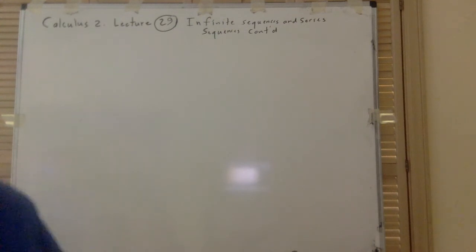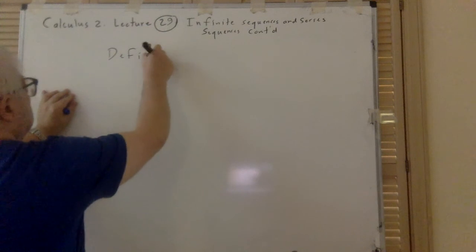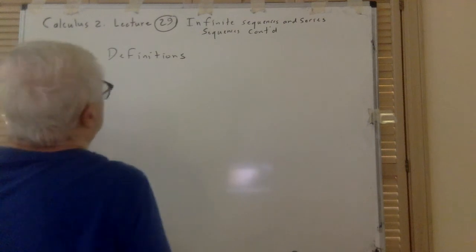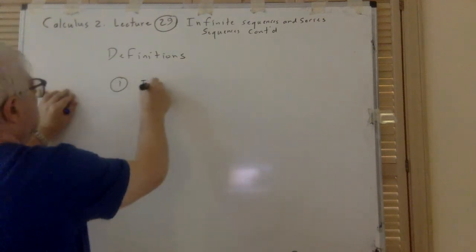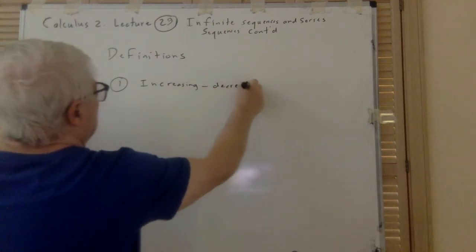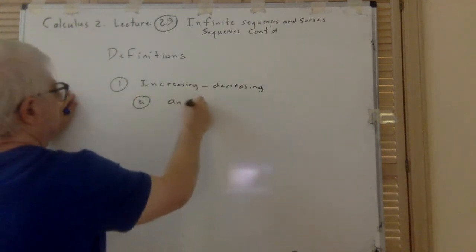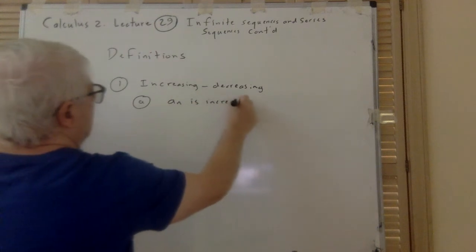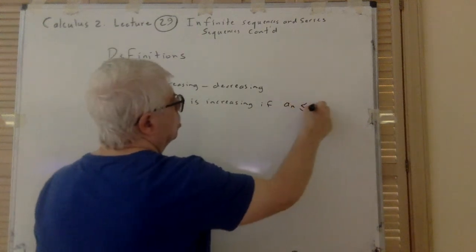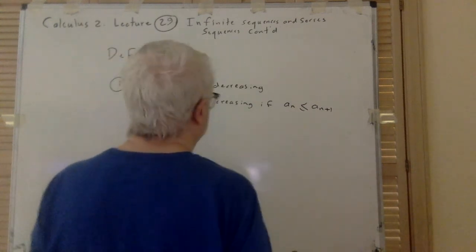Next, increasing and decreasing. There are two definitions, and then the monotone definition. First, we say that a_n is increasing if a_n is less than or equal to a_(n+1), and it is strictly increasing if the equality is not there.